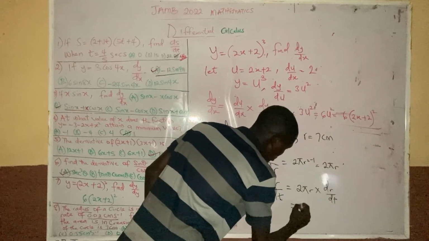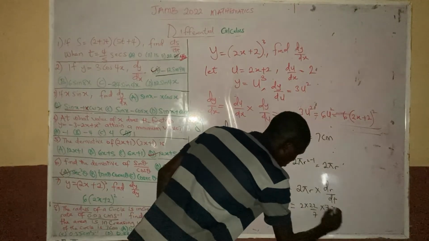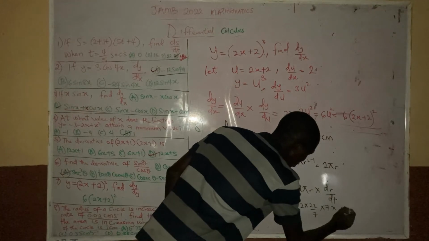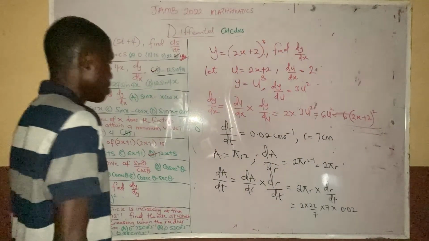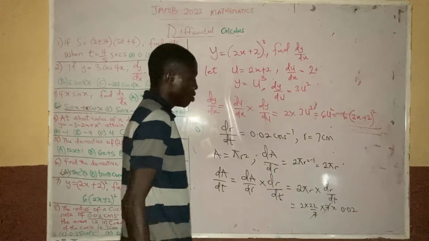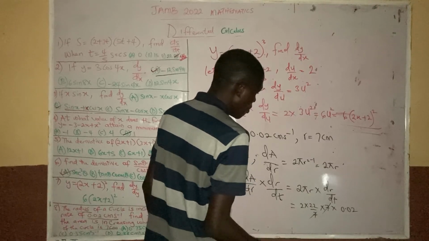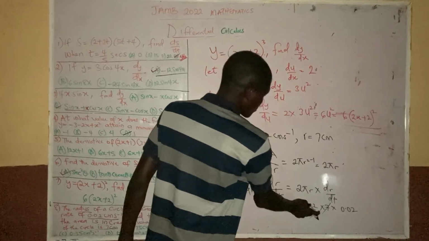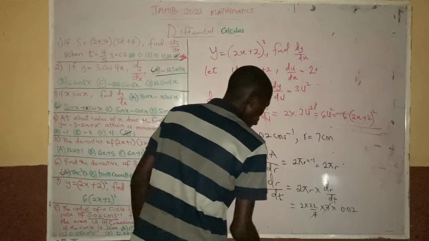So this is 2 times 22 over 7 multiplied by 7 multiplied by 0.02. The 7s cancel out, so when you multiply, this is 0.04 multiplied by 22.